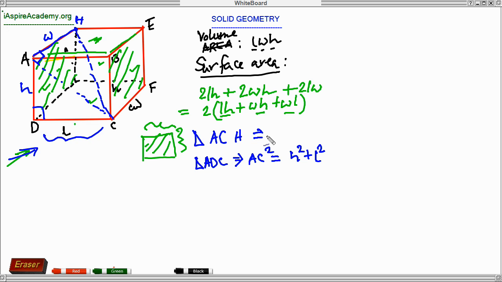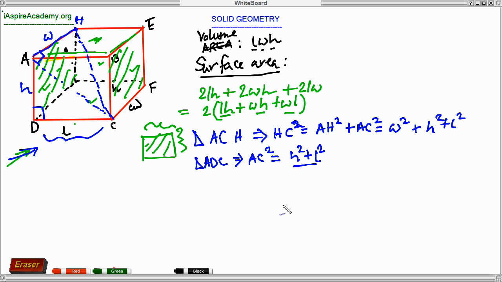Now for this triangle, what we're trying to find is HC. HC squared equals AH squared plus AC squared, which equals W squared plus AC squared. We have already found AC squared: H squared plus L squared.